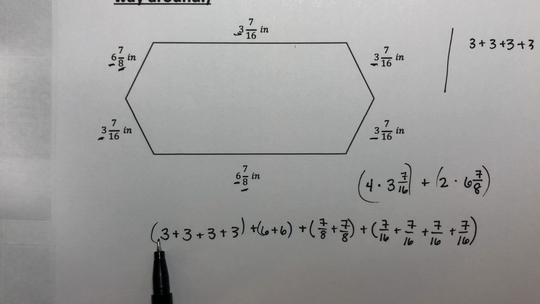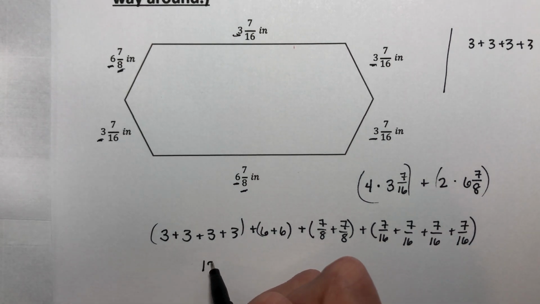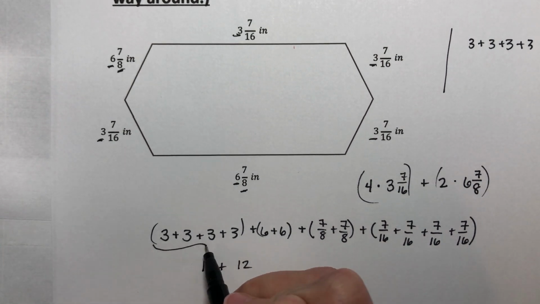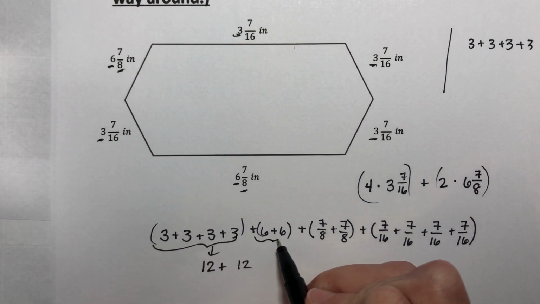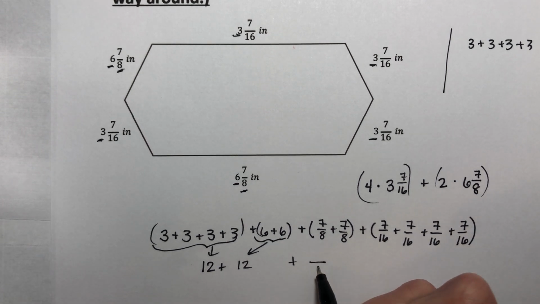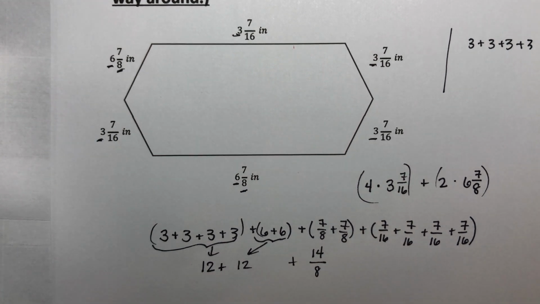Okay, so 3 plus 3 plus 3 plus 3, that's 12, right? Plus another 12. And I got this from here and this from here. Okay. Now, right here, they have a common denominator, right? 8 plus 8 and 8, so that's the same. This is going to be over 8. 7 plus 7 is 14. So I have 14 over 8 there.